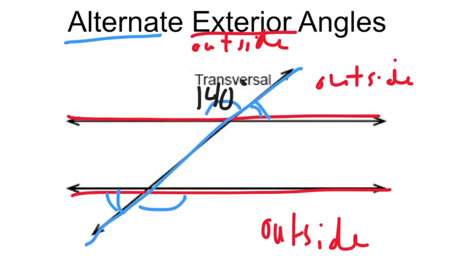So if this one's 140 degrees, the alternate exterior angle that goes with it is on the other side of the transversal on the outside, and they're both 140 degrees. Alright, we also have 40 degrees as alternate exterior angles.